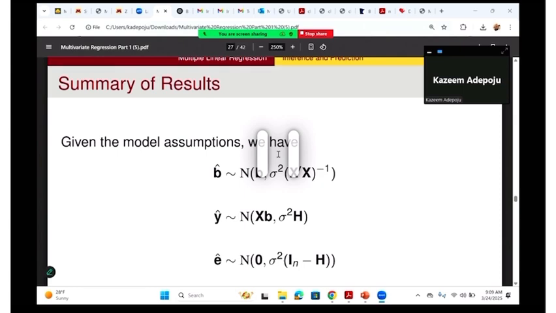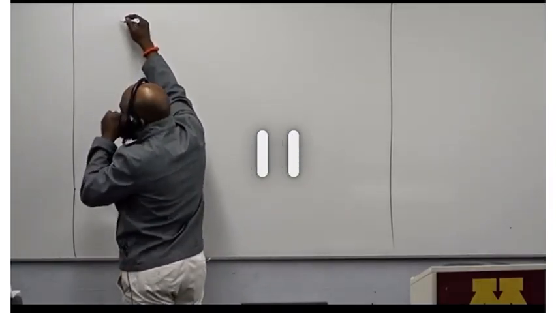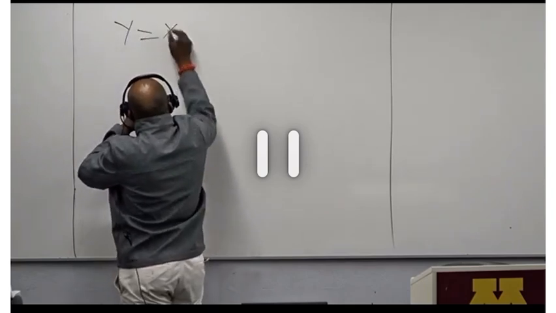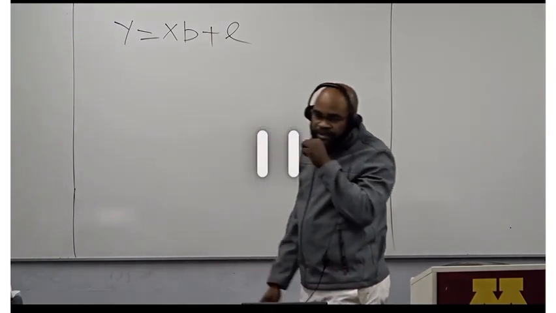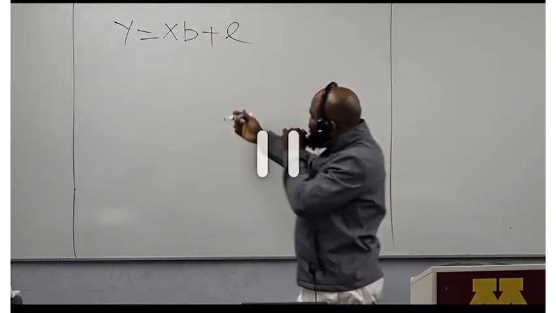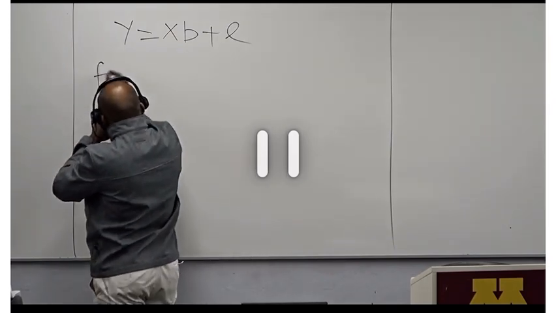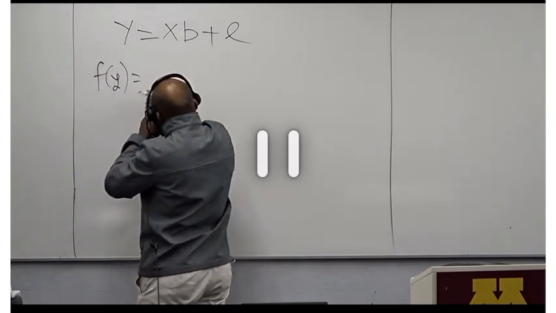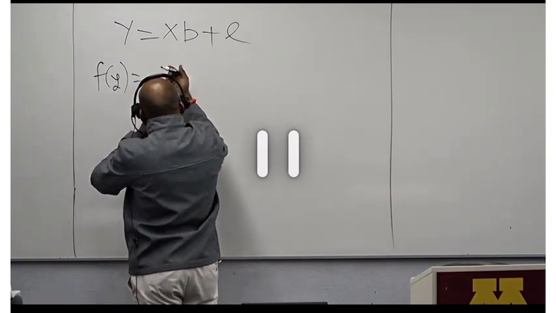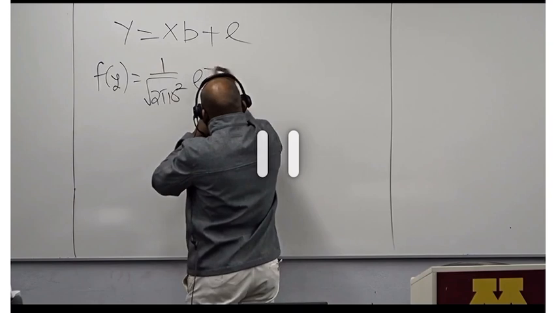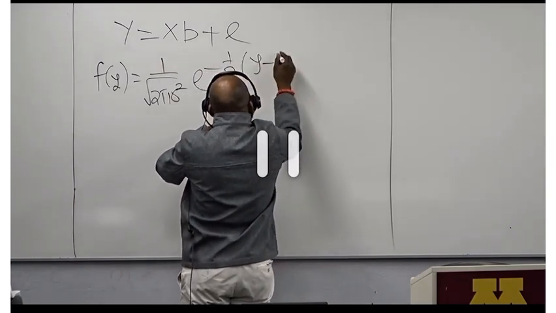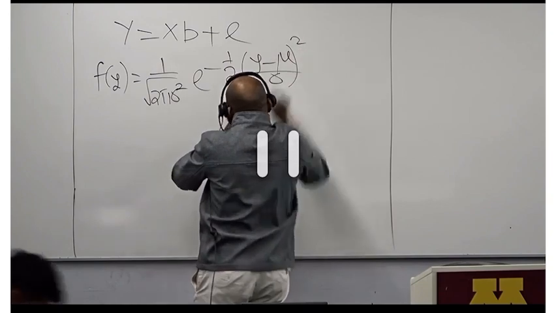So what I'm trying to talk about is that if I have y equal Xb plus the error as the model specification, and if y follows a normal distribution, we have f of y equals 1 over the square root of 2 pi sigma squared, exponential raised to the power of y minus mu, squared, divided by sigma squared.